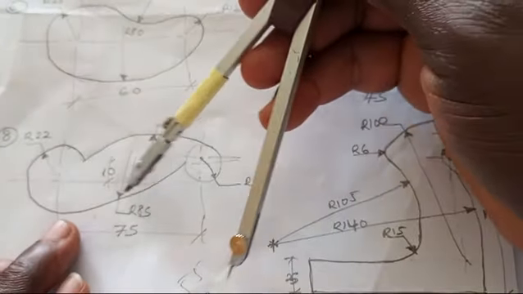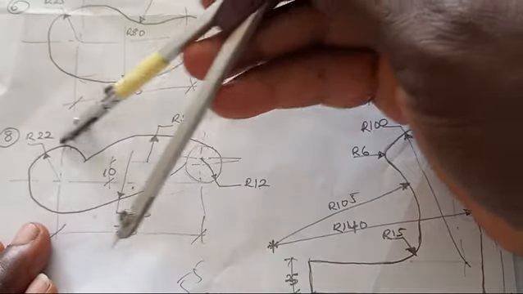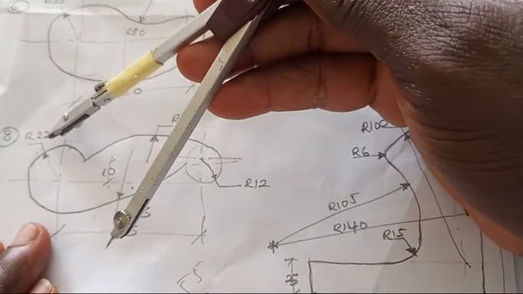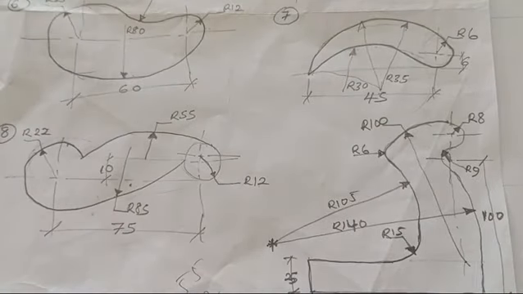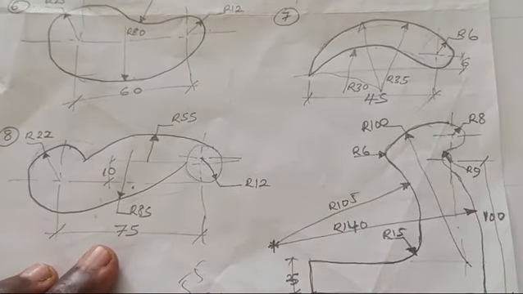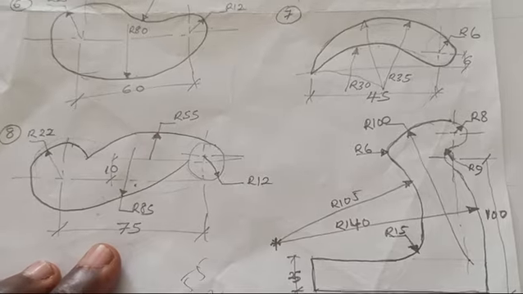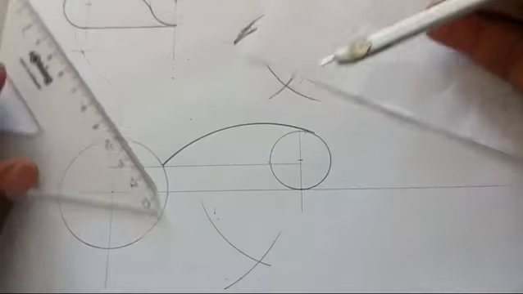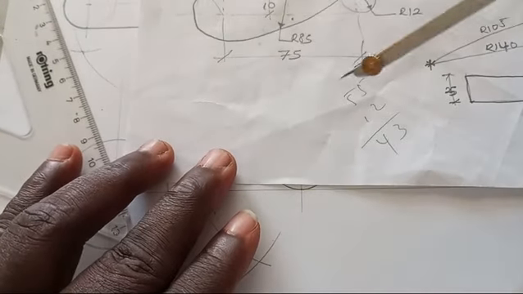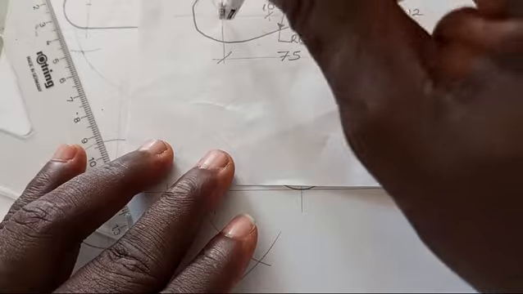Similarly for the bottom, it's the same thing. With this one and this arc, they are touching internally, so you have to subtract 22 from 75. That will be 53. So you measure 53 from this center and mark the arc.